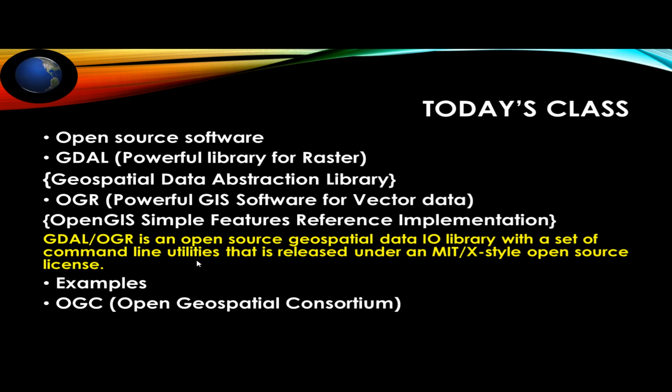Both GDAL and OGR are open source geospatial software with a set of command line tools, like if we have to work on coding in R or Python, they are available as a library in those coding software, and they are released under an MIT or X style open source license.